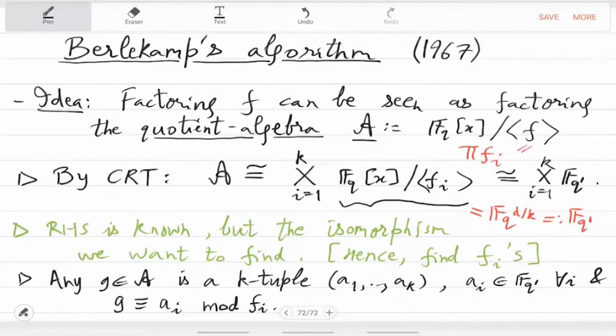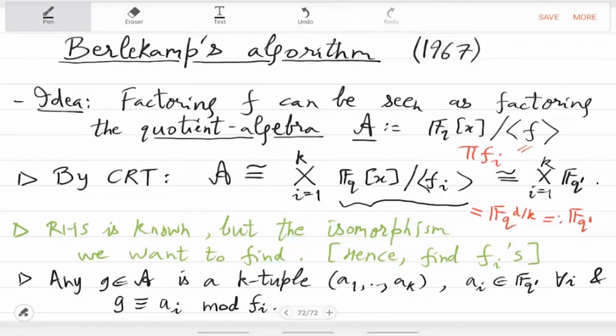Again this is just invoking Chinese remaindering. Chinese remaindering takes an element of the LHS A, let's call it g, and just looks at the remainder. So g mod f1, g mod f2, g mod fk will give you the coordinates of the k-tuple. That is how the isomorphism was. But since we don't know fi, we will never know ai.